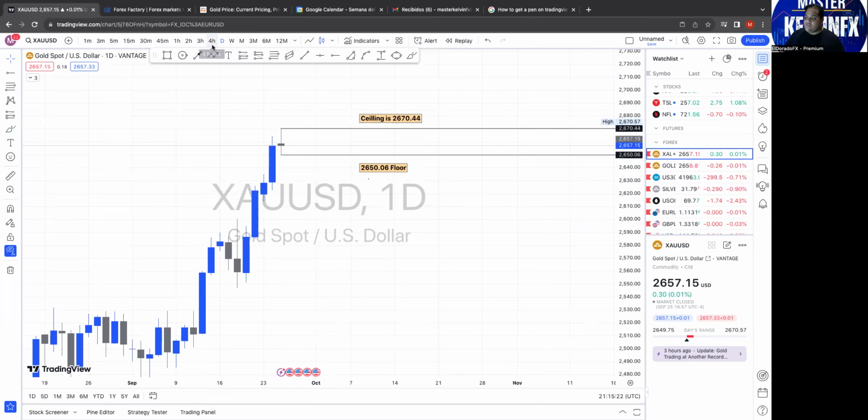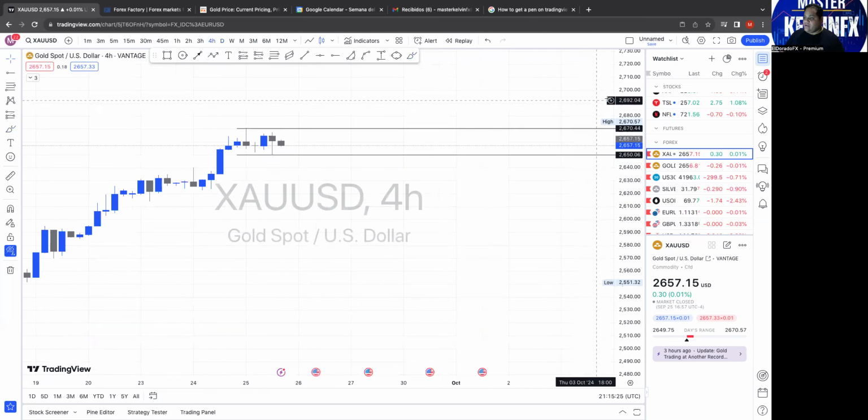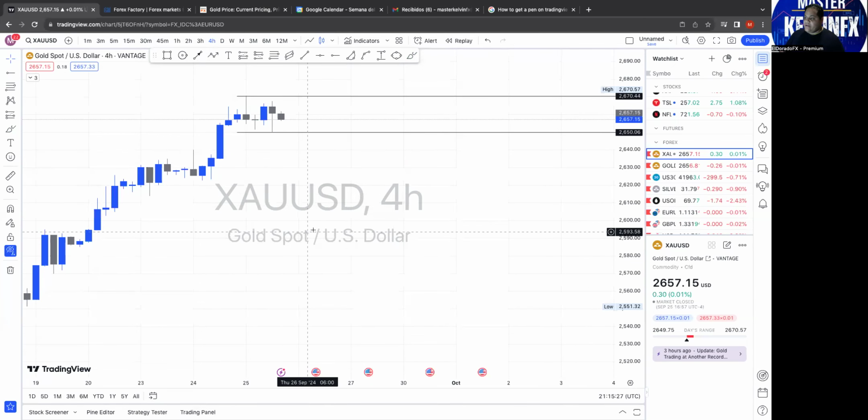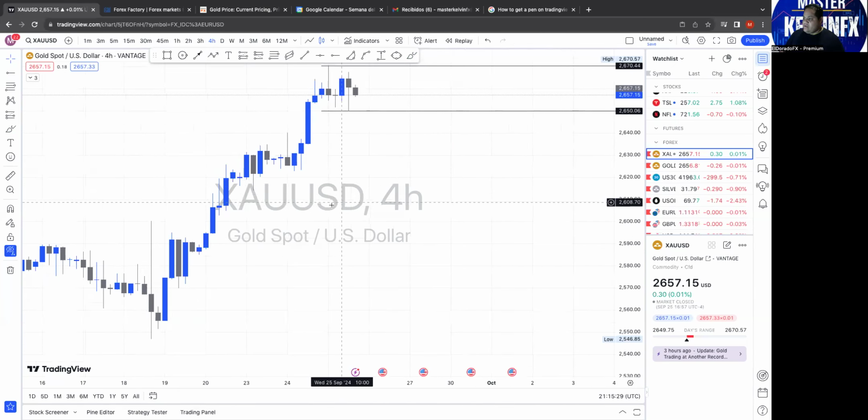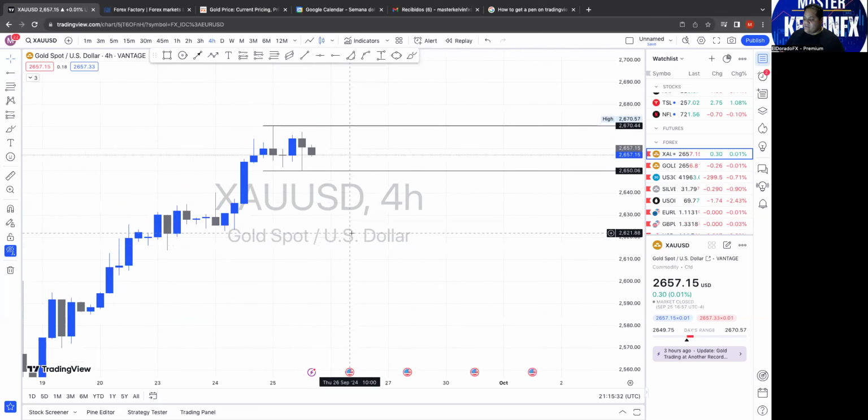So now what we're going to do is move down to a lower time frame. In this case, we're going back to 4 hours to see the price action there. The price action in gold today has been really interesting because of the move gold has been making.